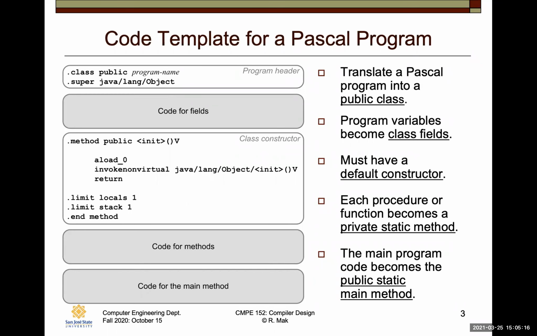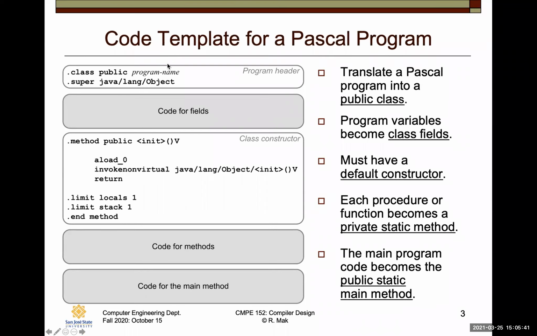And so when you emit code for a Pascal program's procedures or functions, they will be treated as member functions of your class. Okay, and then finally down here will be the code for the main of your program. Okay. All right.